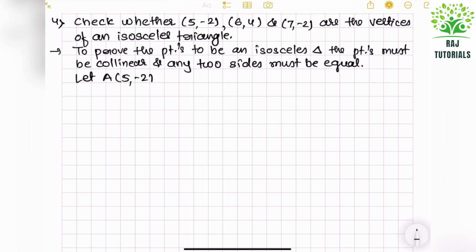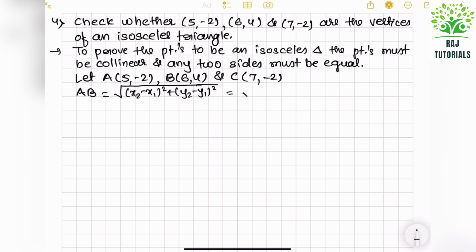So now let me give the names. Let A (5, -2), B (6, 4) and C (7, -2). So using the distance formula I am finding the distance AB. So AB will be the square root of (x2 minus x1) whole square plus (y2 minus y1) whole square.